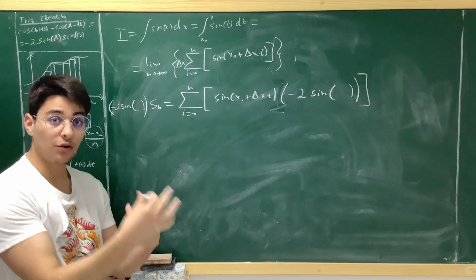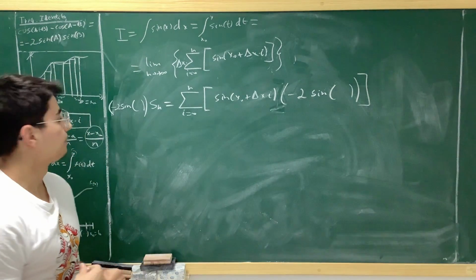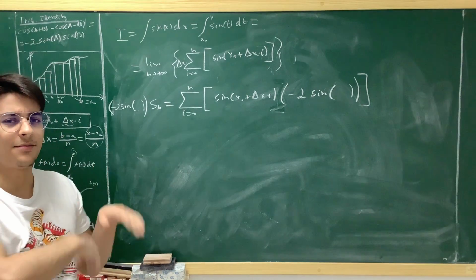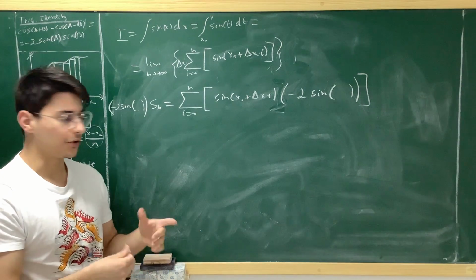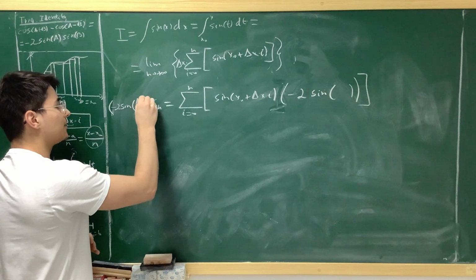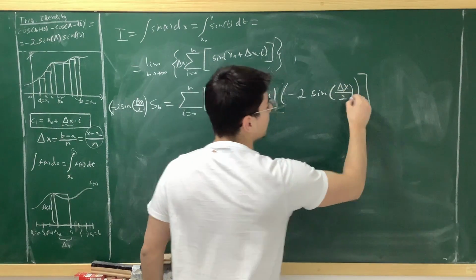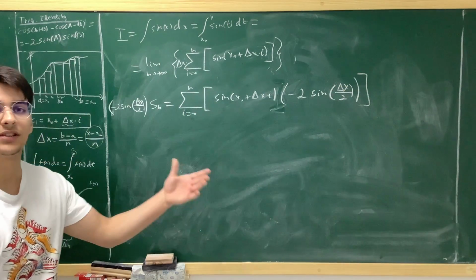What is the smart choice for this new angle? Well, the smart choice, after a lot of thinking by Grazer, and you can see that it works, is delta x over 2. And you see that everything goes nicely if we choose this.